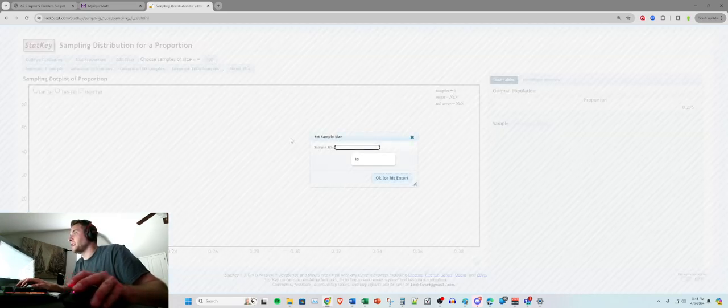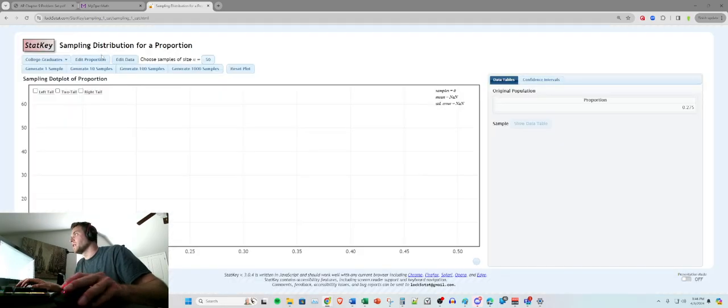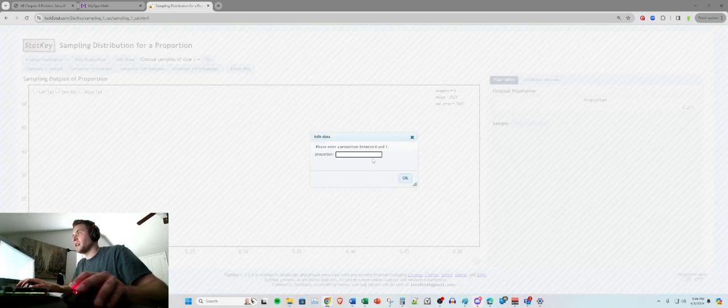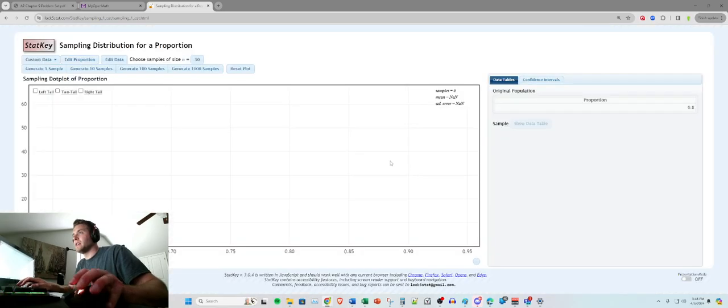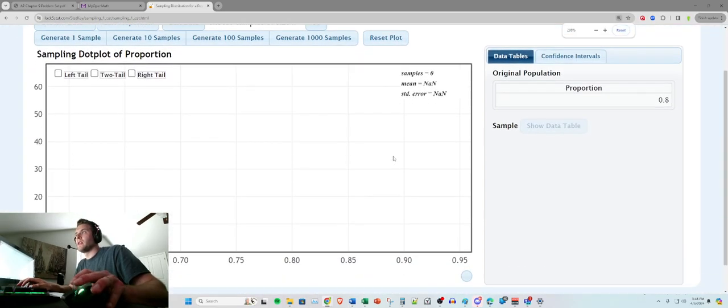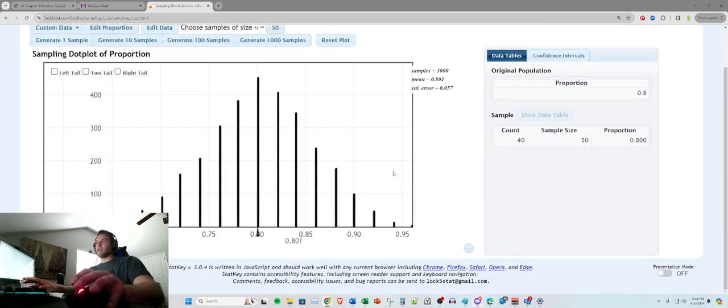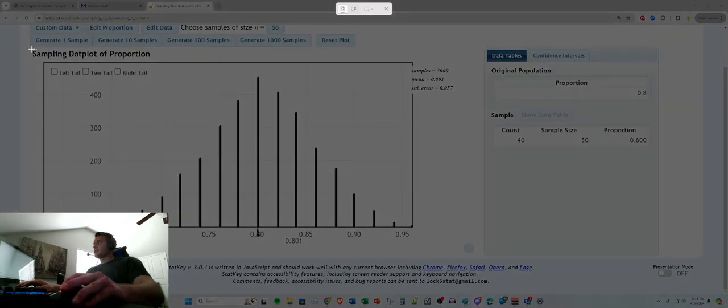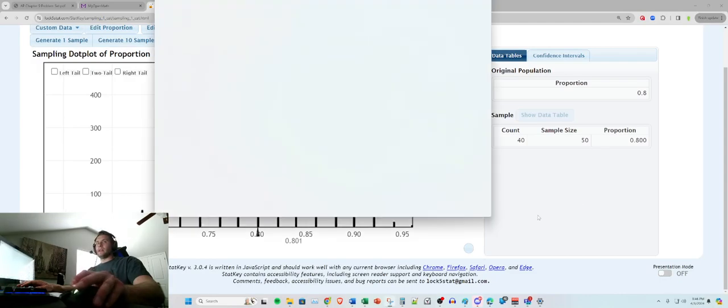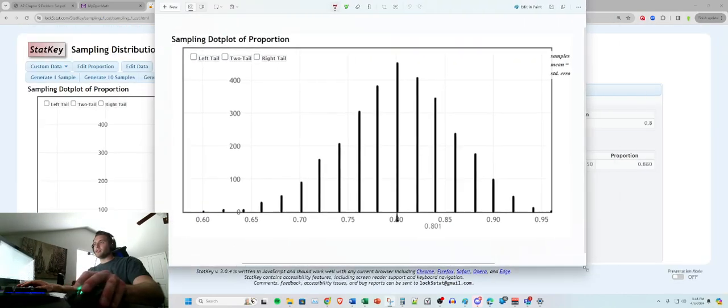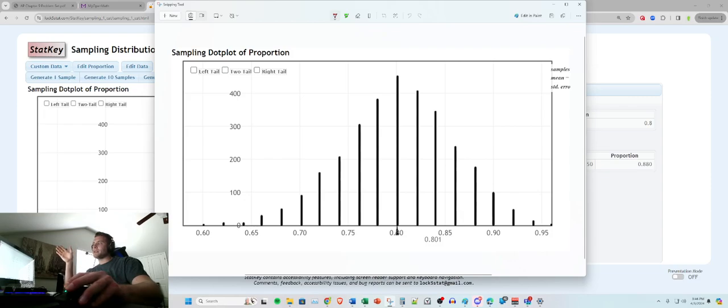So we're going to put this at samples of size 50 again, and we're going to have the proportion set at 0.8, and I'm going to generate 1,000 samples. Okay, so here is our, actually, I'm going to snip this. So we have a sampling distribution of what we would expect to happen.